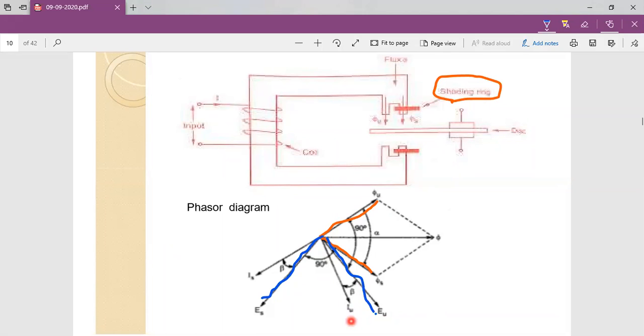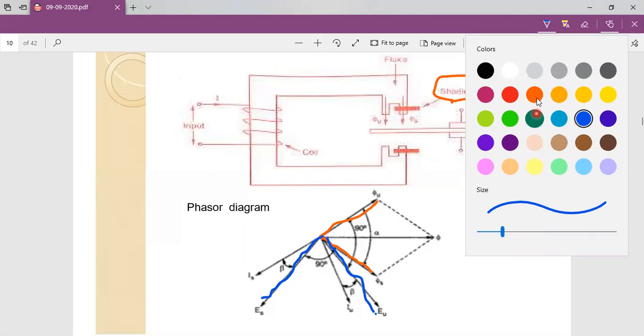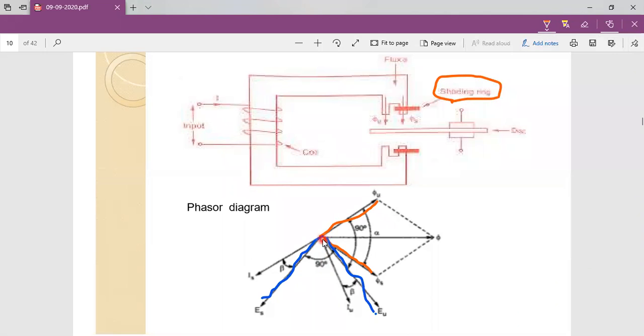So IU lags EU at an angle of beta. Here, this one is IU, and this IU lags EU at an angle of beta.